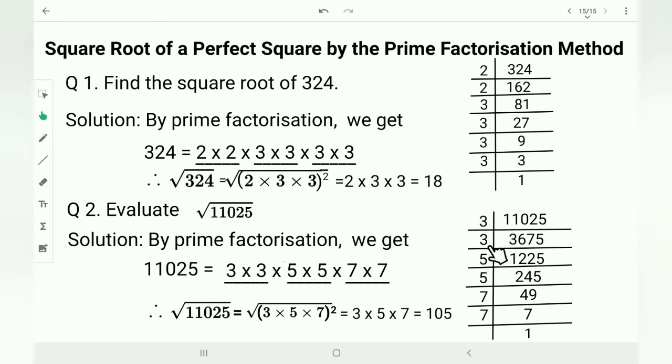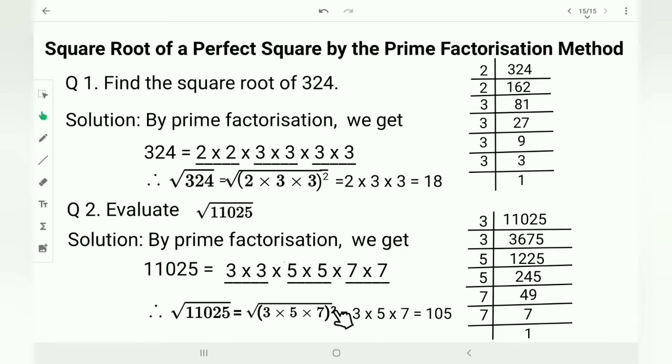This 2 times 3, 2 times 5, 2 times 7 you have to write in the form of a square. Here you can see I have written it in the form of a square, and then when you place a square root on either side of the equal to sign, you will get your expression in this form. Square root of 11,025 is equal to square root under (3 into 5 into 7) whole square.